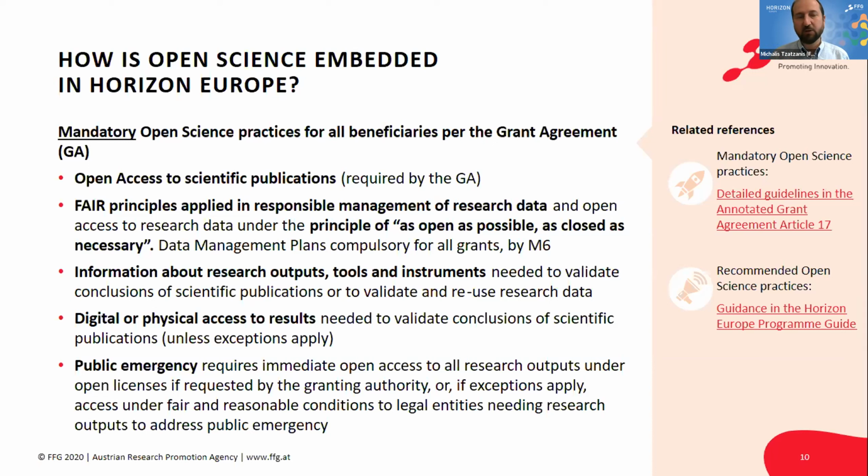Think of the pandemic crisis and research on vaccines and so on. And if you cannot do that because you have patents and so on, you need to give access under fair and reasonable conditions to other people that want to further research in that area and use your research outputs.